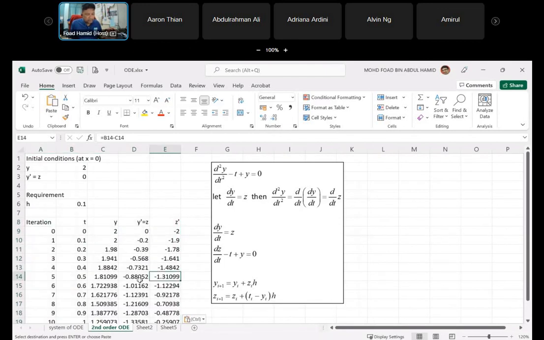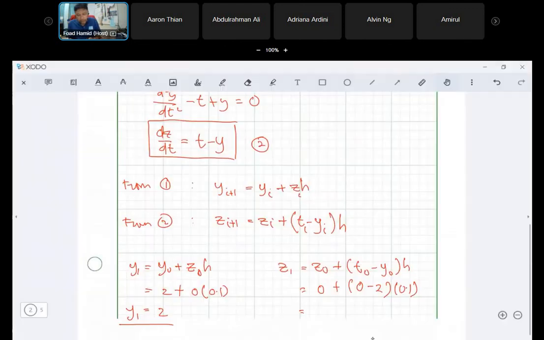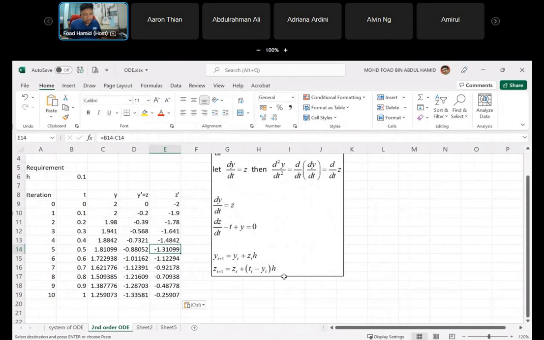Okay, so this is my solution here. Okay, y1 is equal to 2. And this one is 0.1. This is minus 0.2. Is this correct? Yeah, minus 0.2.